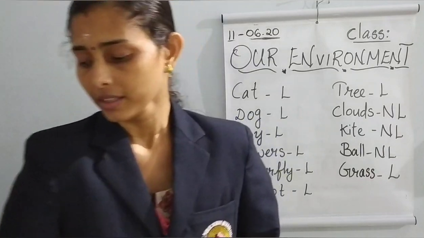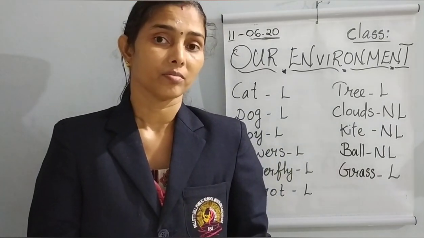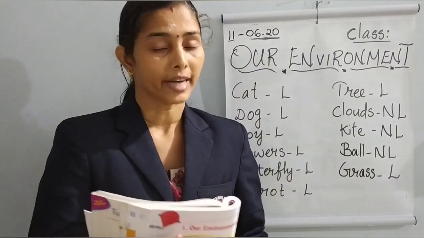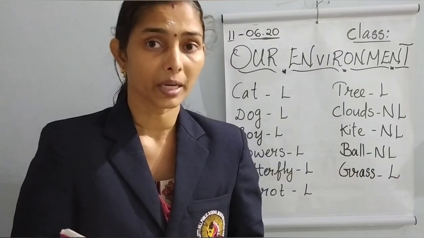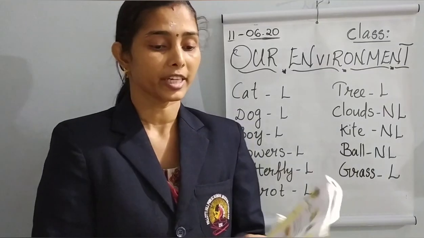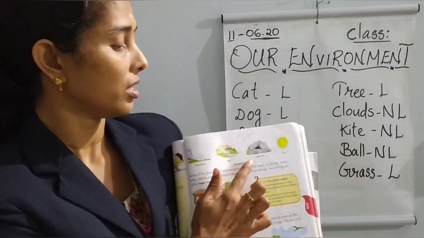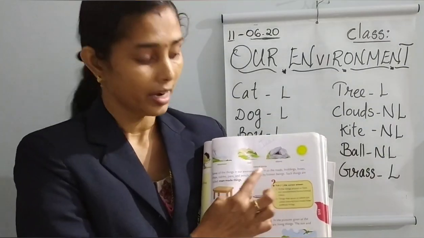Okay. Then we studied that in the environment there are natural things and man-made things. Natural things may be living or non-living. In your textbook you can see the pictures: mountain, river, stones, sun, etc. These all are natural things.